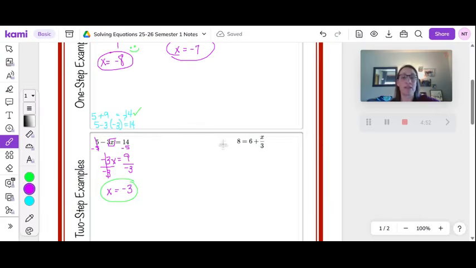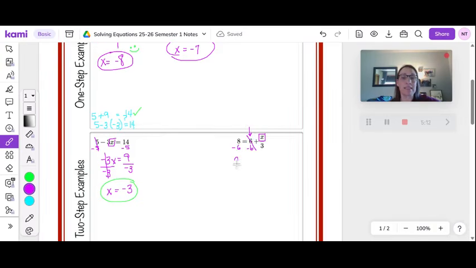All right, so now we go over here. We need to get x by itself. The 3 is attached to it with division, so we need to move further away from the x. So we need to start with our 6 right here. To get rid of that 6, to move it over, we subtract it because it's positive.